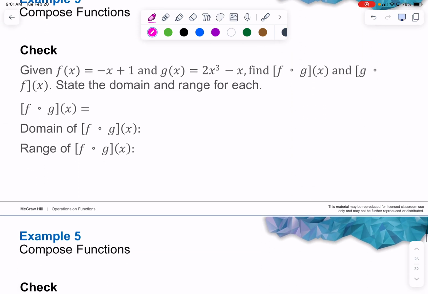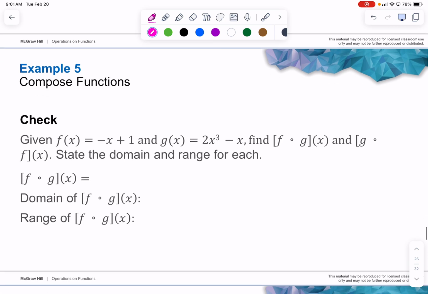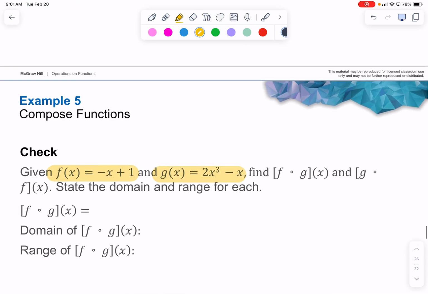Okay. So here we have f of x equals negative x plus 1. This is on the top of page 302. And g of x equals 2x cubed minus x. We want to find f of g of x and g of f of x. Okay? So let's first look at the structure of f. So f of g of x.